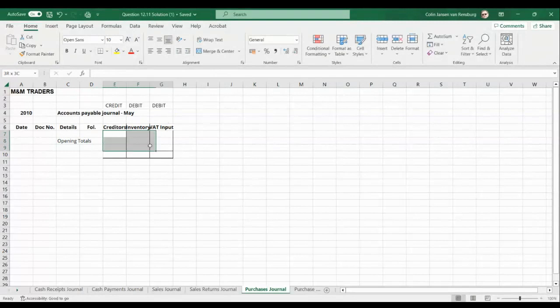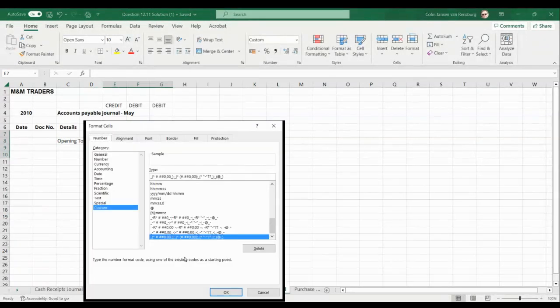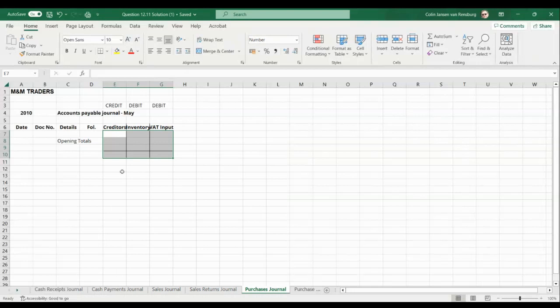Let me now do that before I forget. And we might as well add a few more rows there.